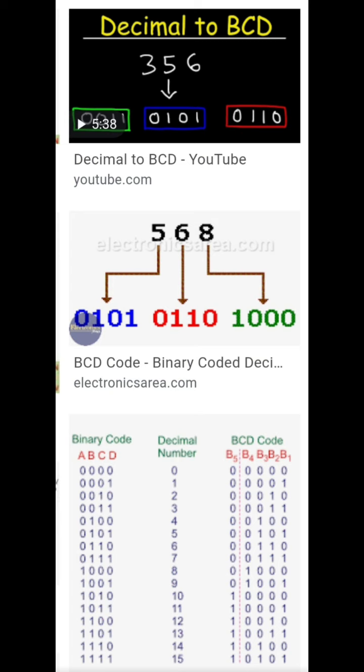So these are the BCD form. And take 568. For 8, 1000. And for 6, 0110. And for 5, 0101. And in the given table below are the binary code, decimal numbers, and BCD code.